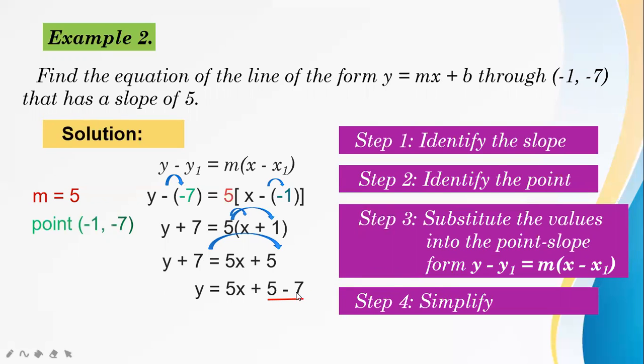Then add, positive 5 minus 7, and therefore the answer is y equals 5x minus 2. So this will be your equation of the line of the form y equals mx plus b. So this will be the slope, and this will be your y-intercept, your b.